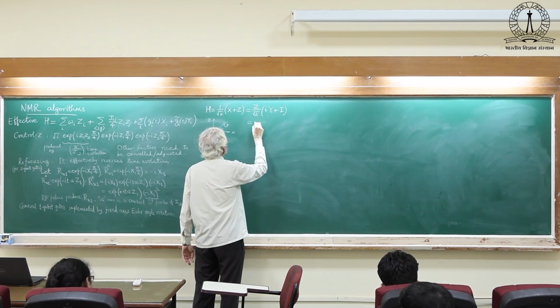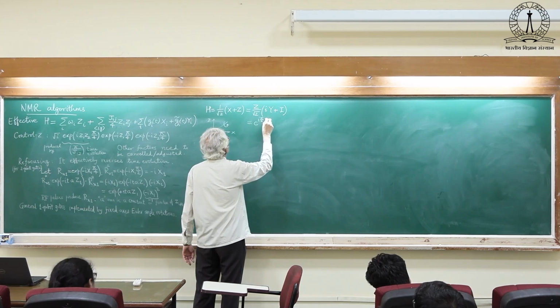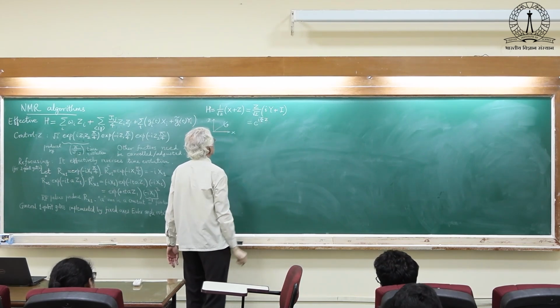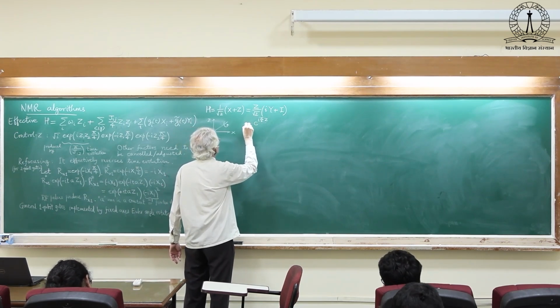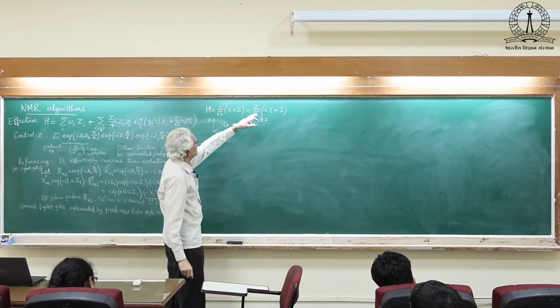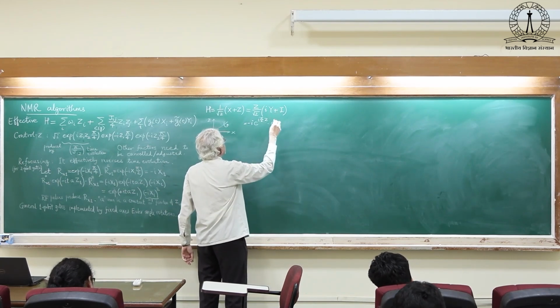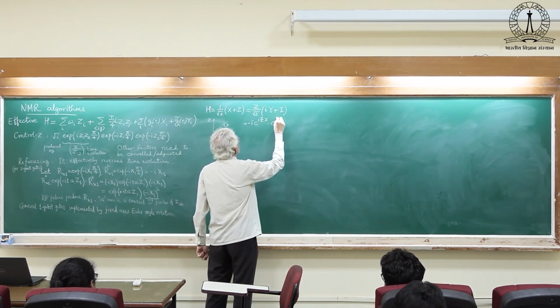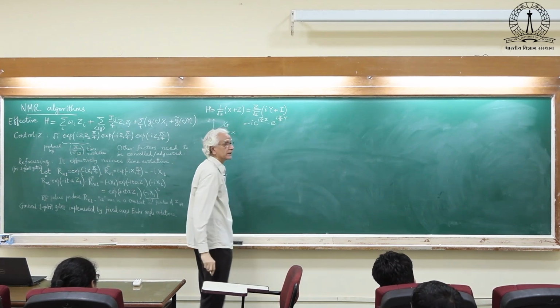Z is an exponential of i pi by 2 times z, and I have to cancel, so there is an overall factor of minus i, which gives this, and this identity plus iy is i pi by 4 times y.